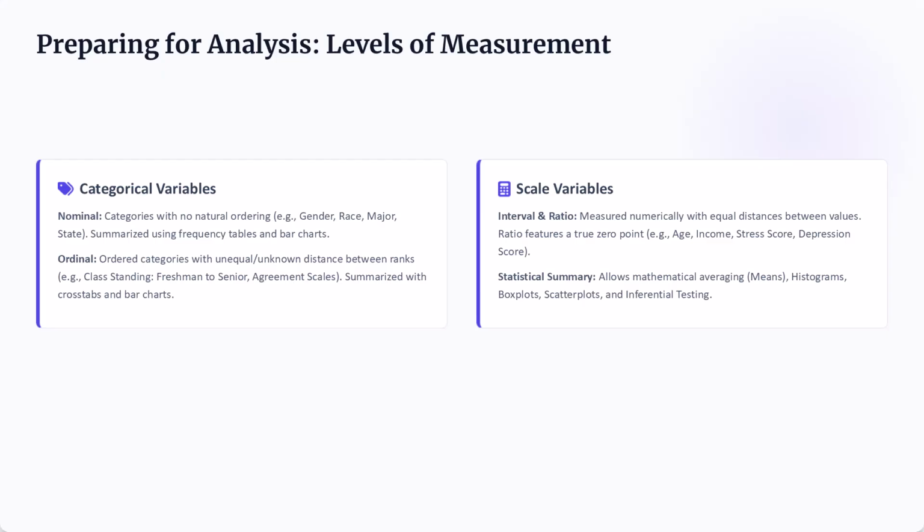Finally, scale variables, combining interval and ratio levels, measure numerical quantities with equal intervals and meaningful mathematical properties such as age or depression scores. Misidentifying measurement levels leads to invalid statistical tests. Knowing whether a variable is nominal, ordinal, or scale ensures we choose accurate summary statistics and effective charts throughout our research projects.